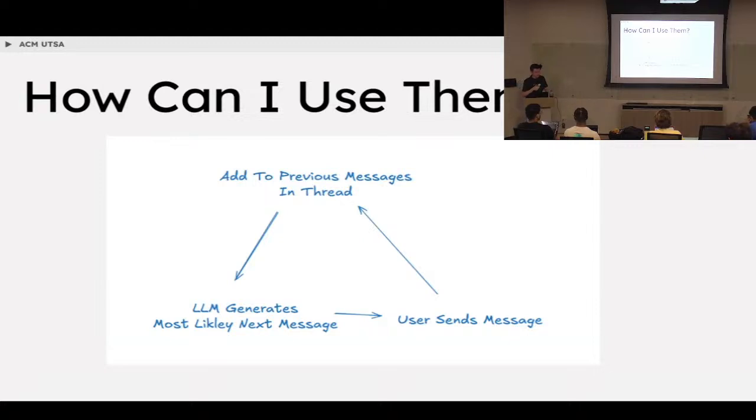So when you're using a chat application, if we're not paying attention to things like tool calling and talking to other APIs, the loop boils down to this: the user sends a message, you add it to any previous messages that the user or the LLM might have sent, and then the LLM generates the most likely next message. And you basically do this infinitely.